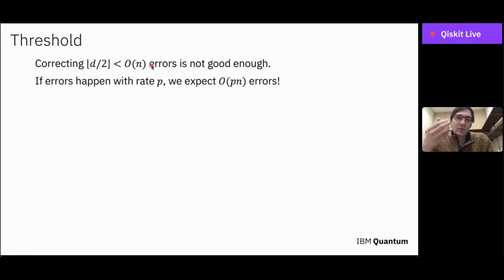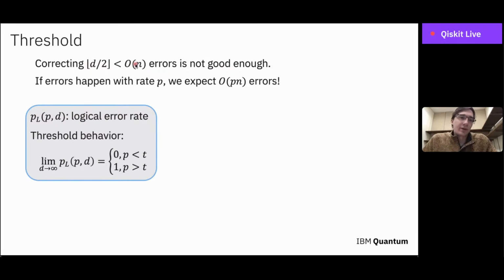What you really want is that if errors are happening on your code with some rate p, then you expect order pn errors, and hopefully you should be able to correct that, which the distance argument alone is insufficient to handle.